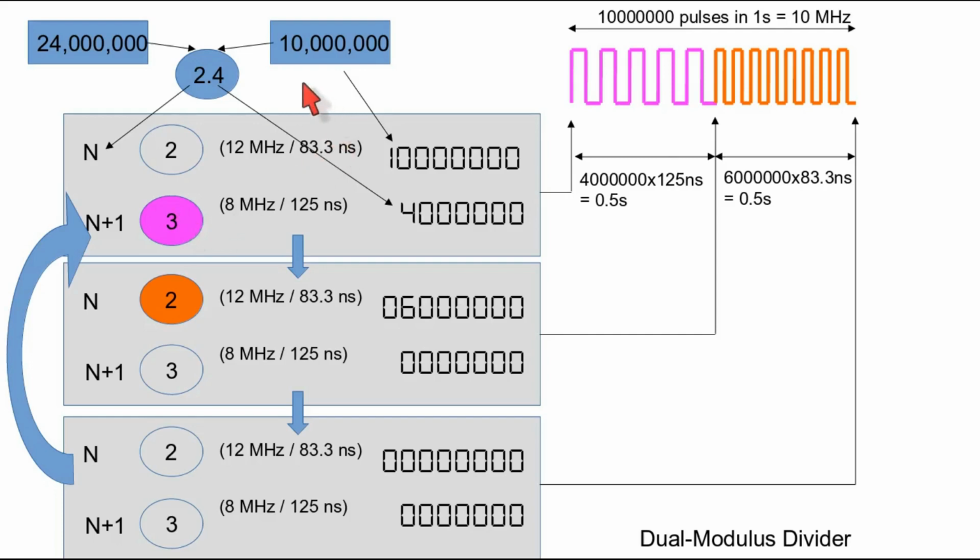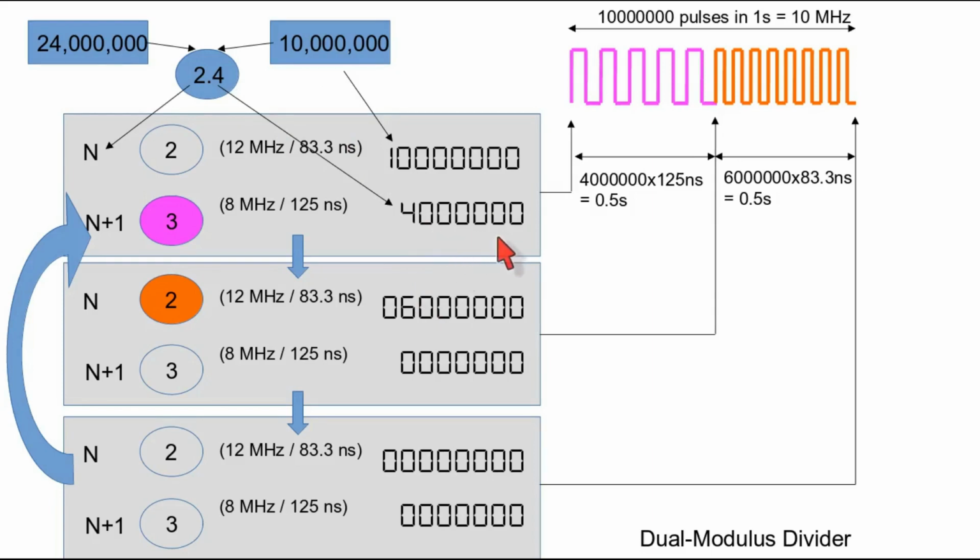The target frequency, in this case 10 million, is loaded into a counter called the n counter, and a second counter called the n plus 1 counter is loaded with the integer part of the result of multiplying the fraction part, that is 0.4, with the target frequency of 10 million, and that produces in this case 4 million.